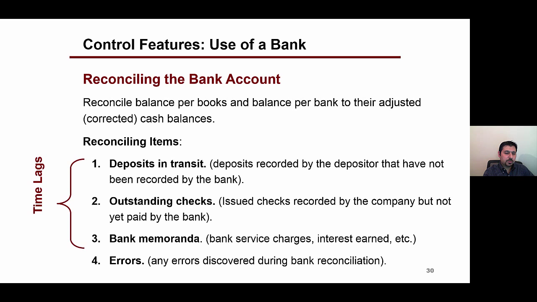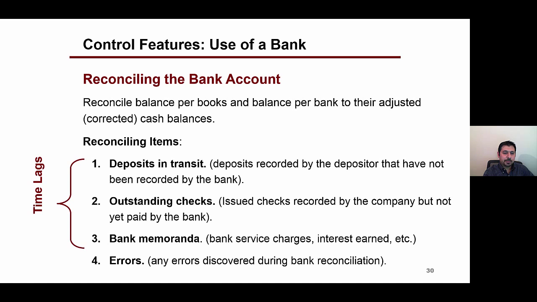They will only see those bank memoranda at the end of the month, and this is why those three kinds of instances create a time lag between the timing of recording by the company and by the bank. In addition to that, there are also sometimes errors, either at the level of the company or at the level of the bank, and those usually need to be adjusted as well during the bank reconciliation.